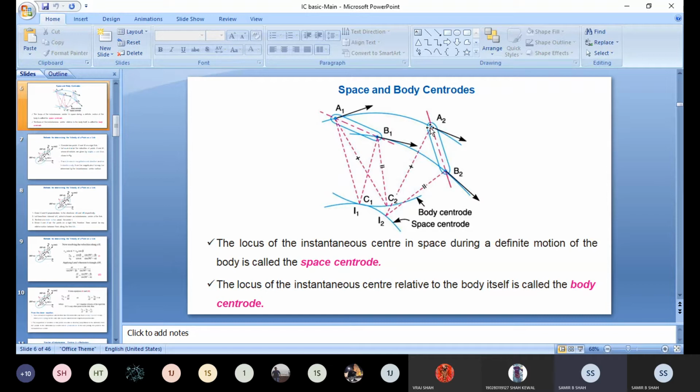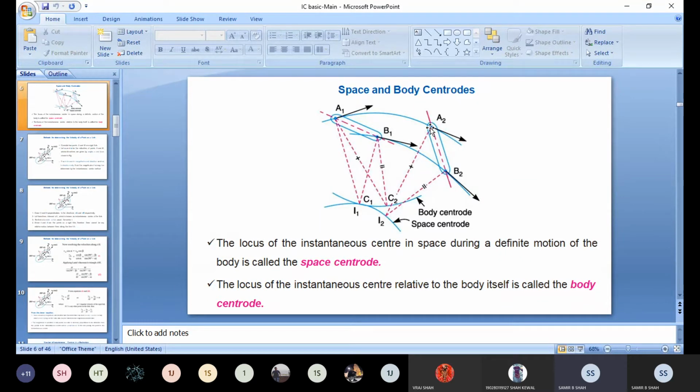As we had discussed earlier, if any body has both the motions, translation and rotation, then we find the velocities and all the information with the help of the instantaneous center method.